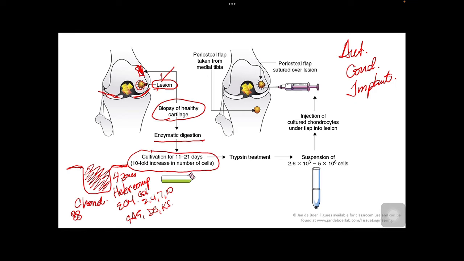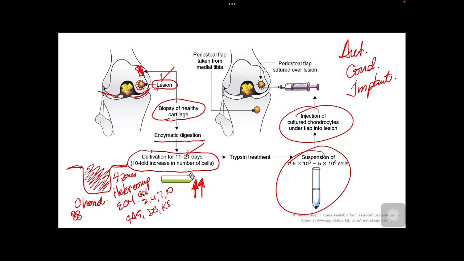For that, you need cultivation, you need a lot of time, 10, 11 to 21 days, to get many, many cells. For that, you need specialized cell culture conditions and cell culture facilities to get the right amount of cells and inject that back into the site.